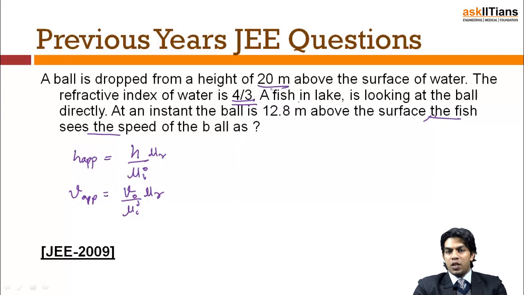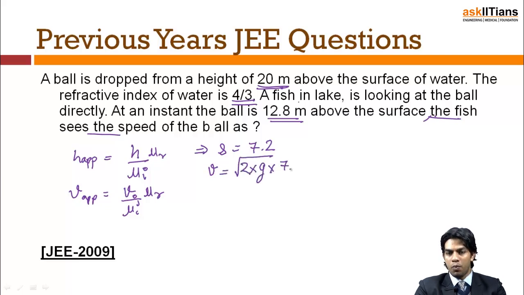The object started from 20 meters and ended up at a height of 12.8 meters, so the distance moved is 7.2 meters. Corresponding to that, I can find the actual speed of the object. The actual speed comes out to be the square root of 2 into g into 7.2 meters. This is the speed of the object.